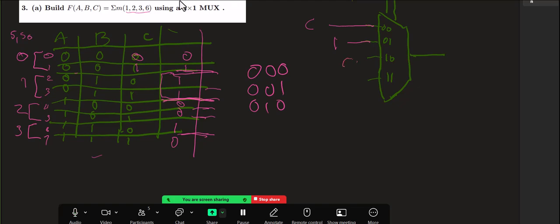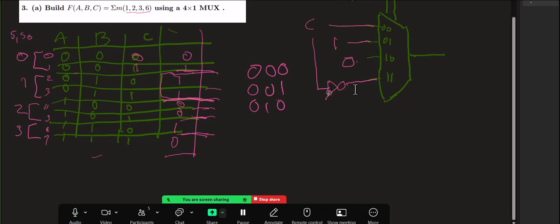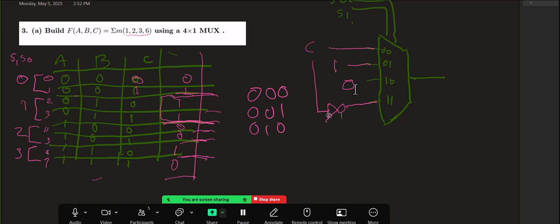And when AB equals 3, not C. And so what that means is my select inputs up here are A and B. And if my number is S1, S0, and I want these to be A and B, then I want A to be S1 and B to be S0.